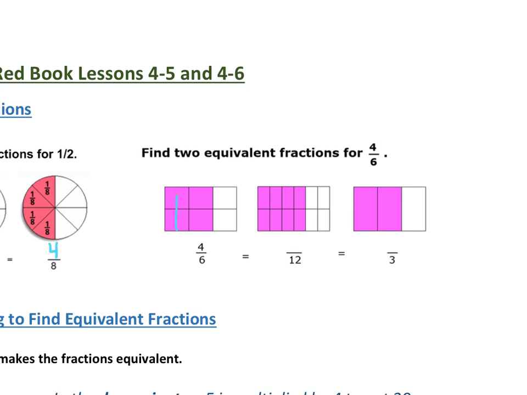So in this example, when it's divided into twelfths, it takes 8 of those twelfths to equal the 4/6. And in the last one, they've taken out the horizontal line from our original example, and we can see that just 2/3 is equivalent to 4/6.